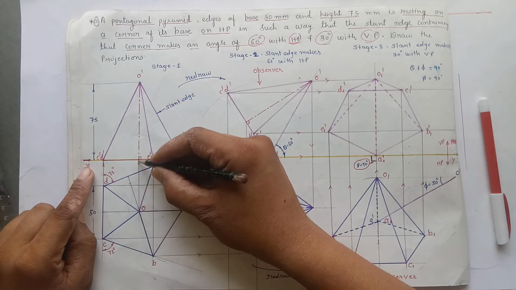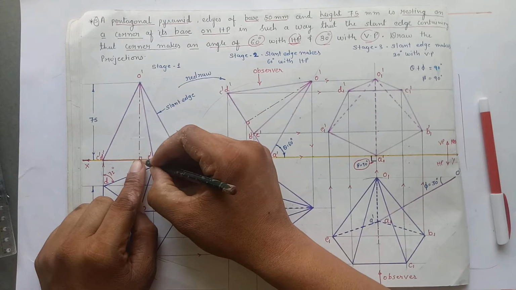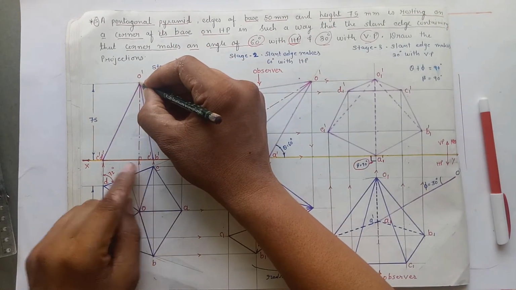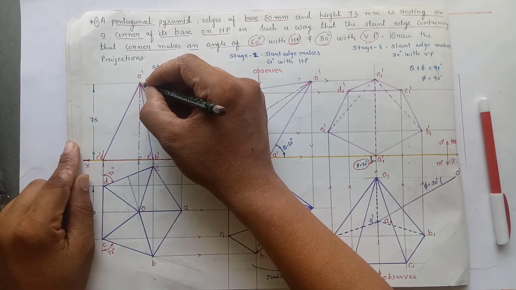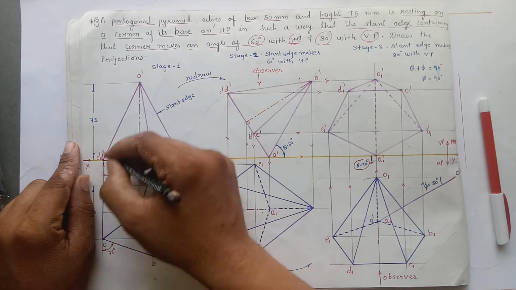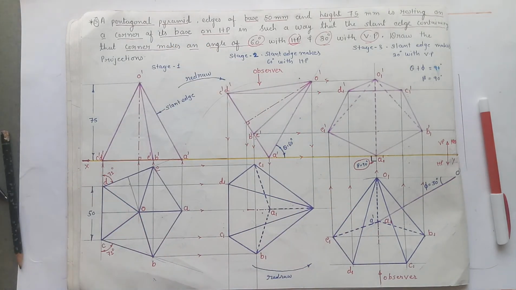Now on the projection of the apex point, measure the axis height perpendicular to the XY reference line, and axis height is 75 mm. Mark point O dash and join O dash to the base corners, that is O dash A dash, O dash B dash, O dash C dash, O dash D dash and O dash E dash. So this will be the elevation.